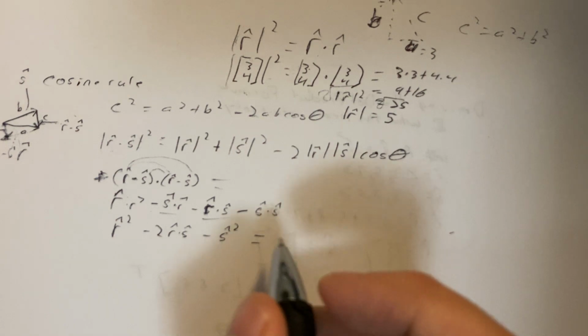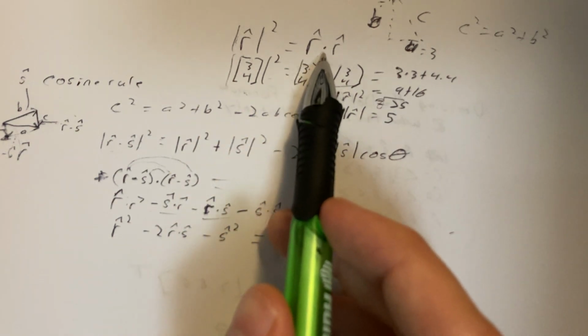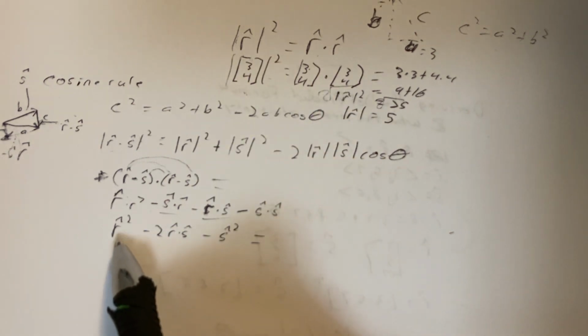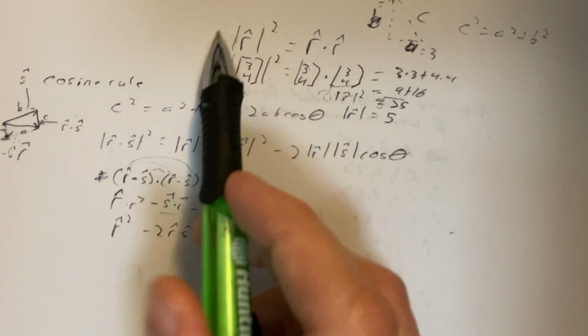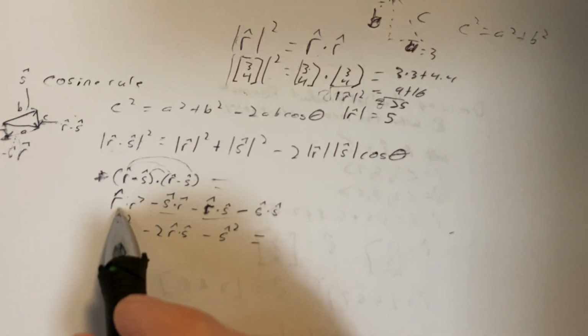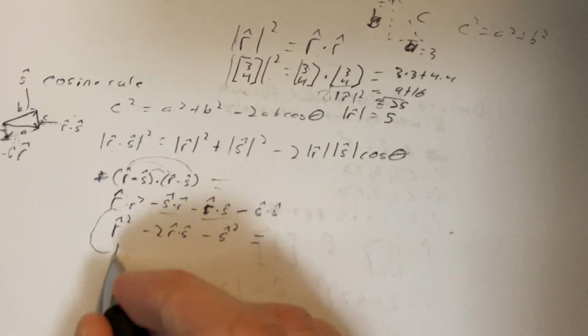And we know from this rule, not a proof right here, that the dot product of r times r is actually the length of r squared. So we didn't actually have to simplify here. We could have gone straight from here to here.